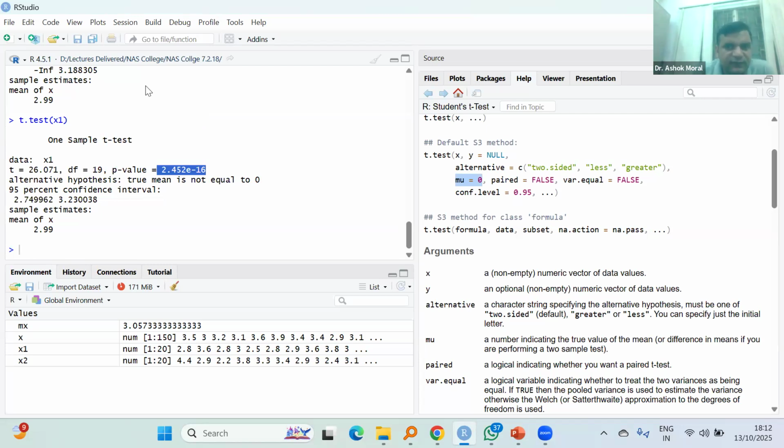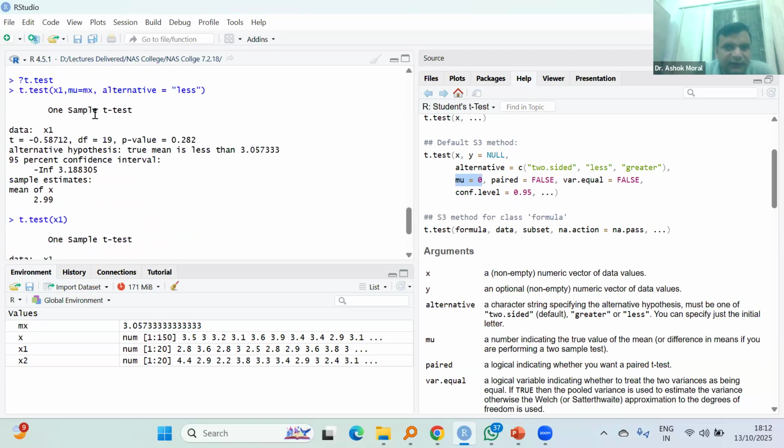So in that case it is testing that the mean is not equal to 0, and this value, the p value, is less than 0.05, so we will reject the null hypothesis. Reject the null hypothesis and say the mean of this population or this data is not equal to 0.